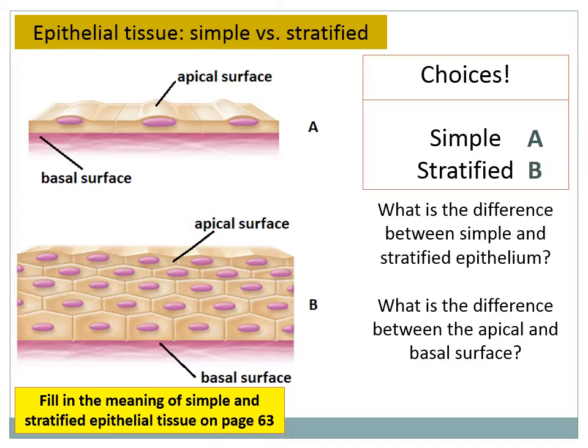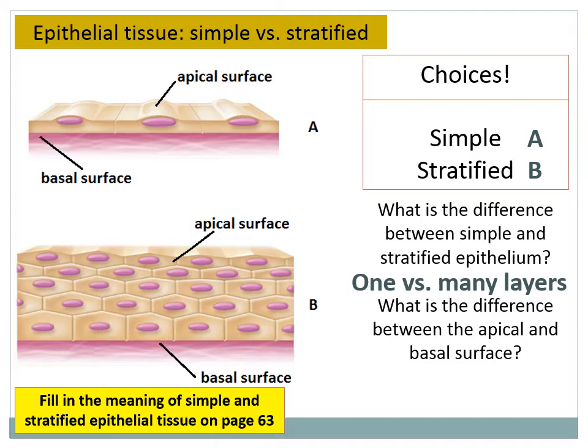Okay, so we have simple and we have stratified epithelium. When you look at the main differences between simple and stratified epithelium, what is the main difference? Yeah. One versus many layers. We can see that simple epithelial tissue only has one layer of cells, versus stratified, which has many layers of cells.